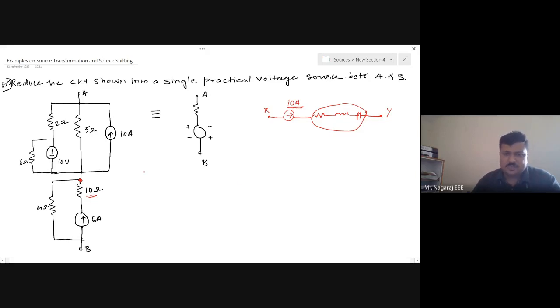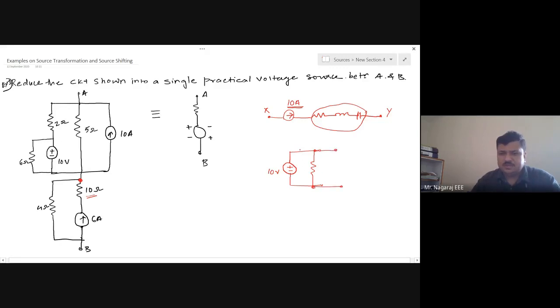Second case is that whenever I have a voltage source, a resistor coming in parallel to a voltage source will become redundant.